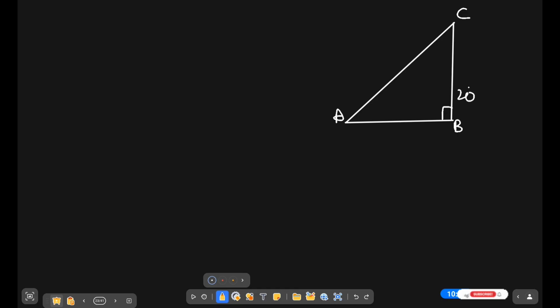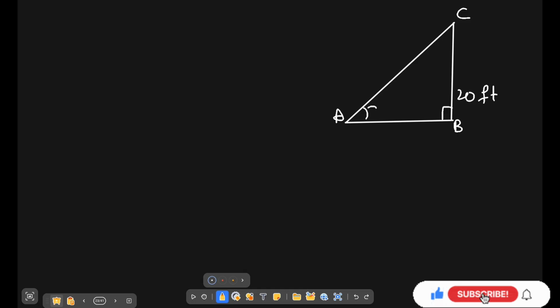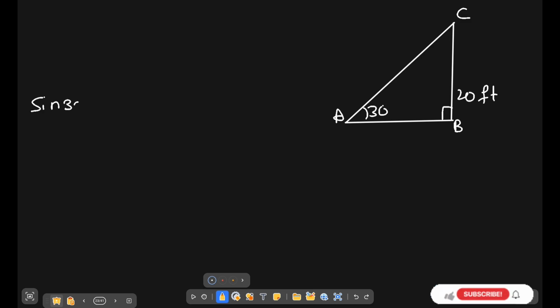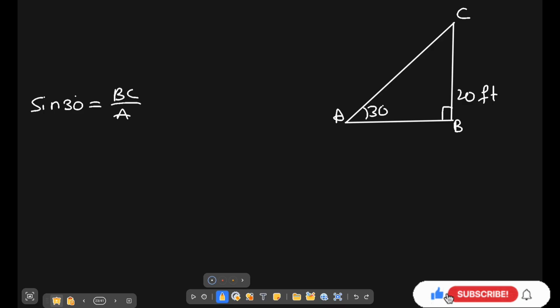Now if it is 20 feet and it is 30 degrees, first of all we have to find AC. For that we use sine 30 degrees, which is BC by AC.